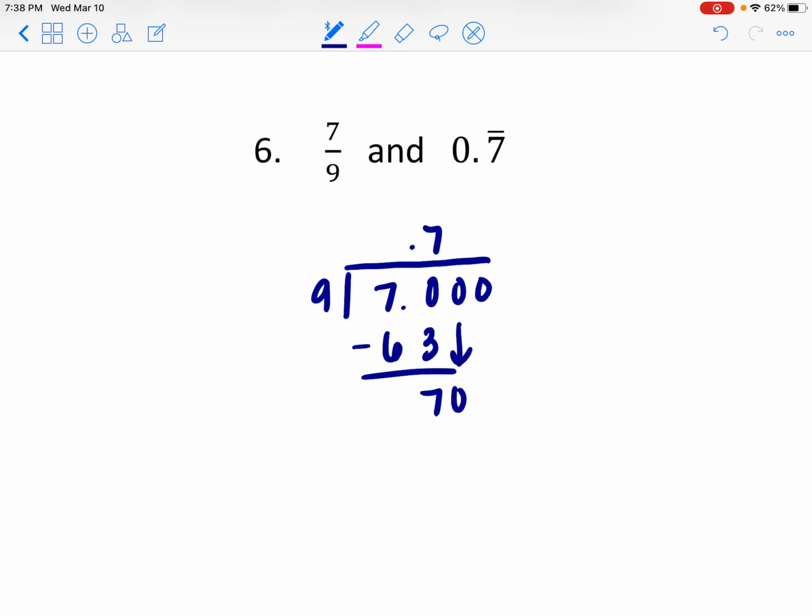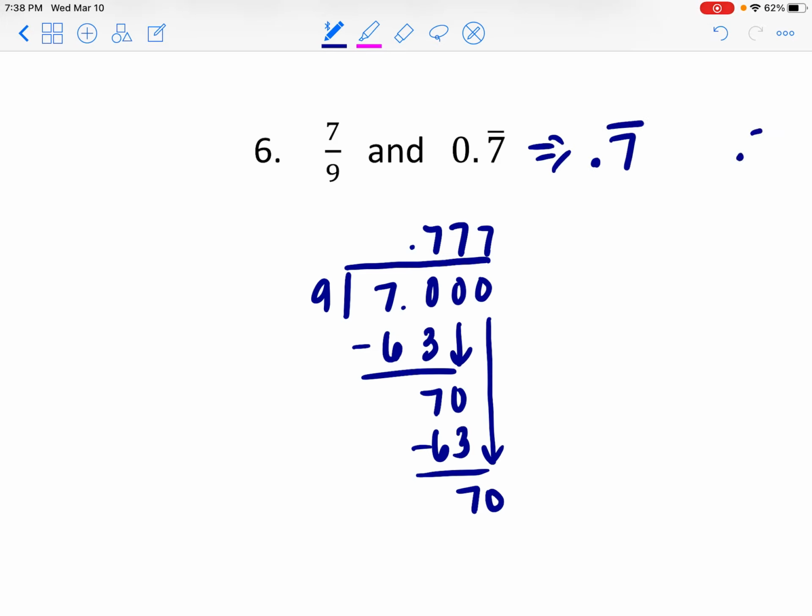And then it's going to go into 70 7 times, that's 63. There's going to be 7 left over, and you can see that our pattern is going to continue. So really what we have here is 0.7 repeating compared to 0.7 repeating, and those are the same. So the fraction of 7/9 is the decimal 0.7 repeating.